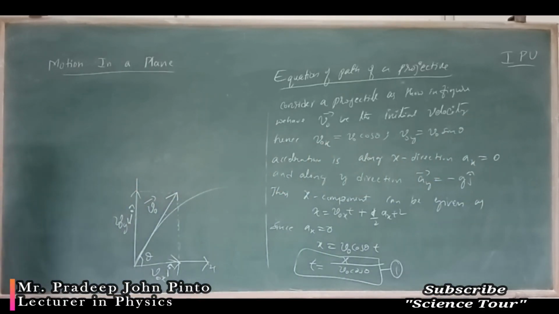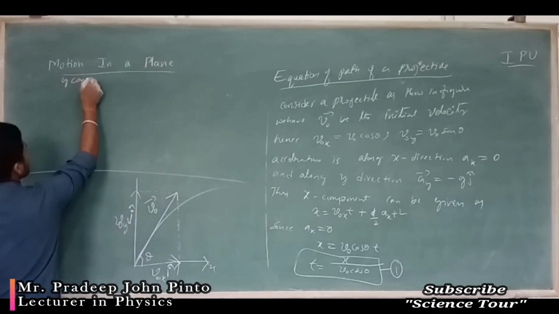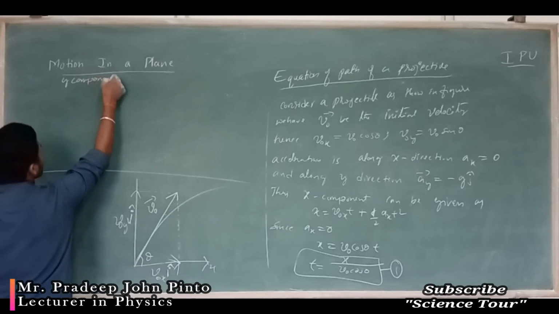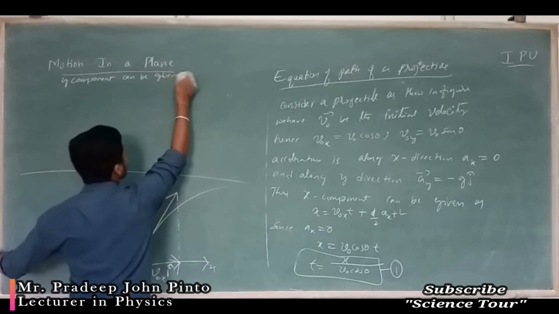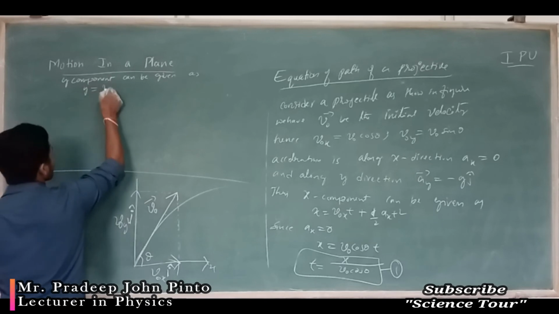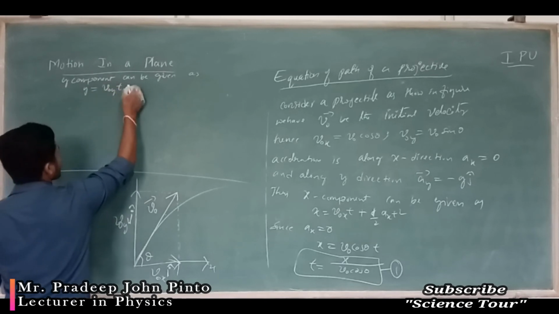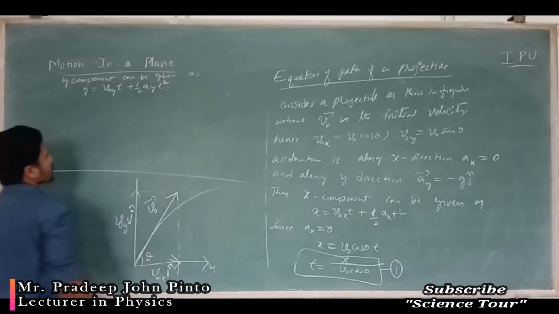Now the y component can be given as: y is equal to v naught y into t plus half ay t square.